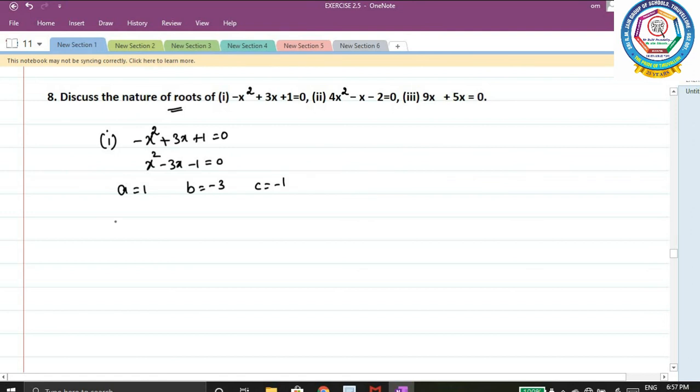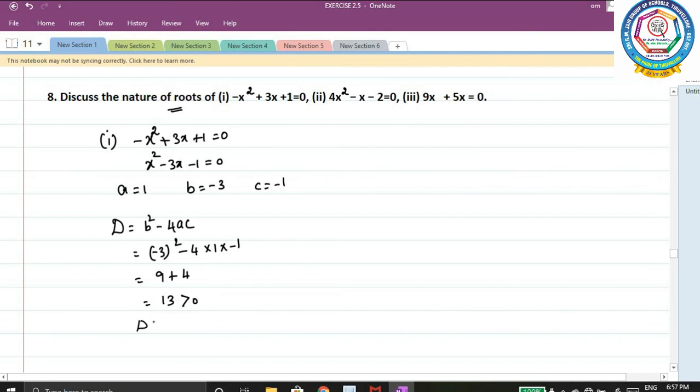For the nature of roots, we have to find D. What is D? That is B square minus 4AC. B is here minus 3 the whole square minus 4 into 1 into minus 1. That is 9, minus into minus plus 4. So here 13. 13 is greater than 0.